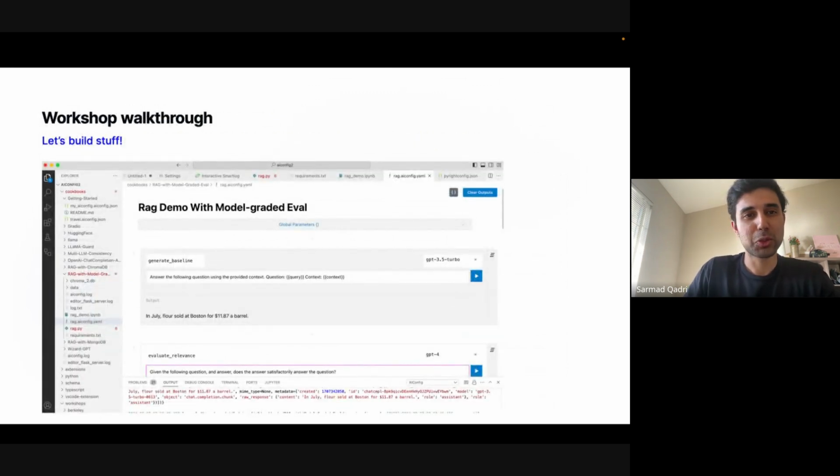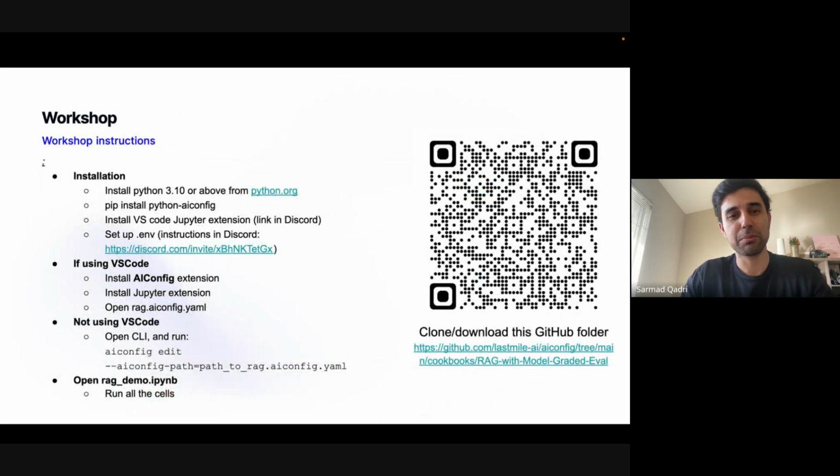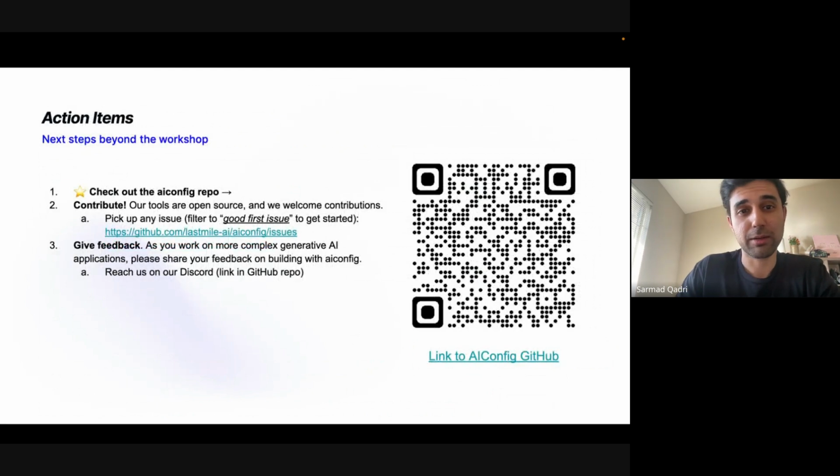And this I just showed you right now, and I just want to keep this screen up a little bit, just to show you that if you want to try this out, you can clone this GitHub folder inside the AIConfig repo for all the notebooks and the AI configs that I showed you today. And then also you can check out the AIConfig repo. We love contributions.